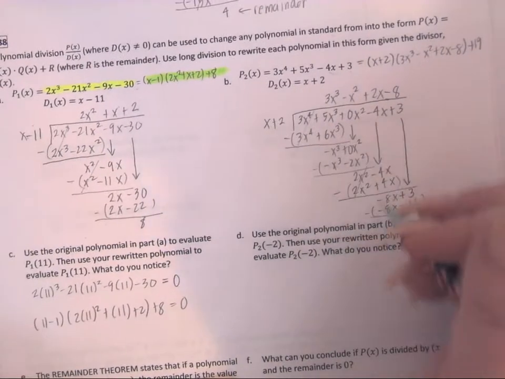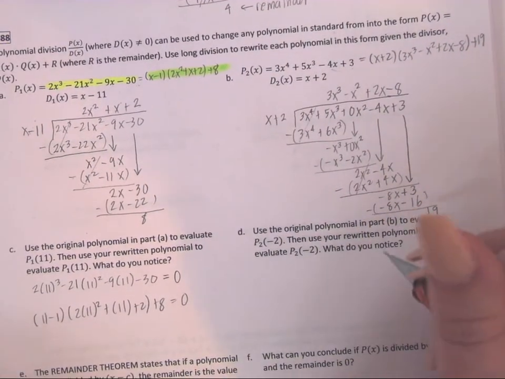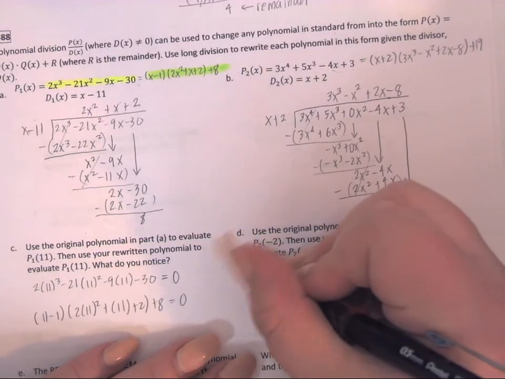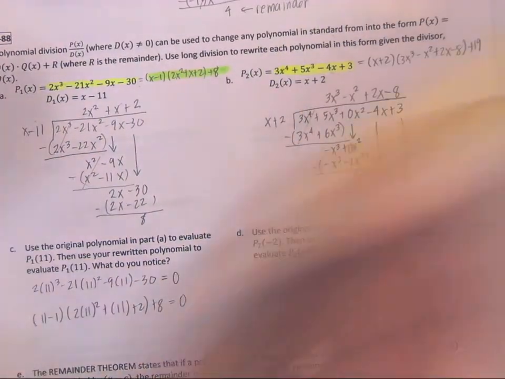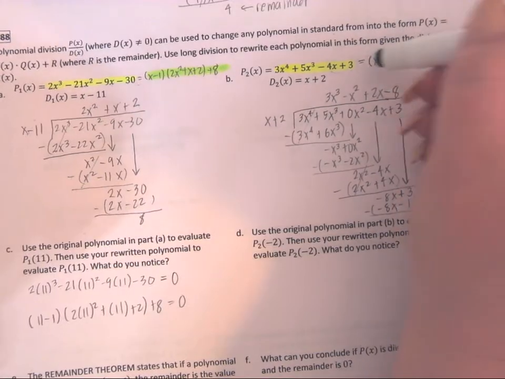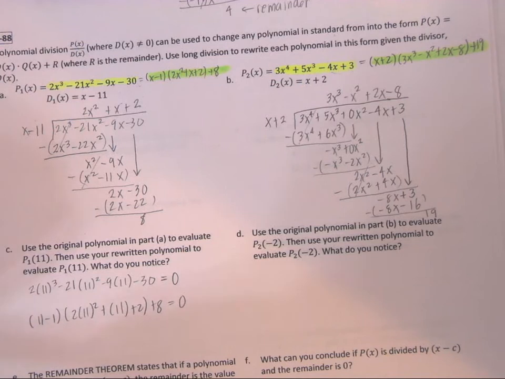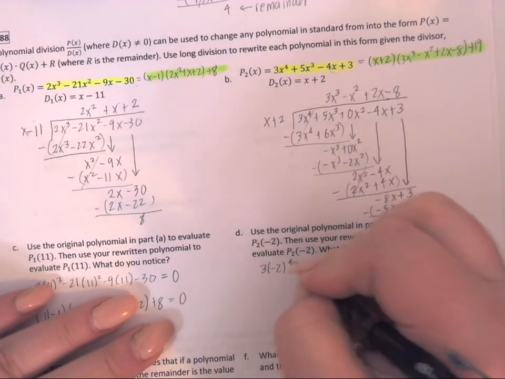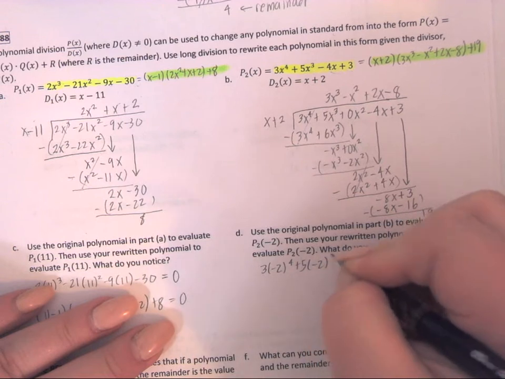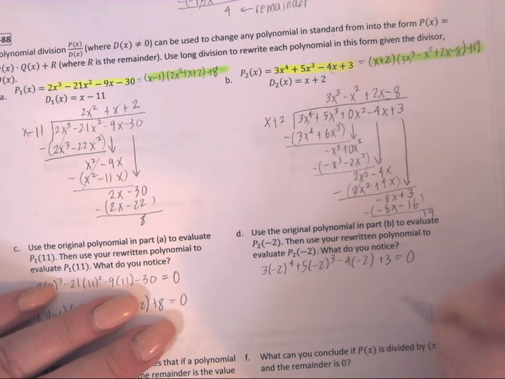Alright, let's try this one. Plug in negative 2, basically the same thing. So plug in negative 2 to this side of the equation, then plug in negative 2 to this side of the equation. So that's 3 times negative 2 to the 4th plus 5 times negative 2 cubed minus 4 times negative 2 plus 3. You're going to get 0.